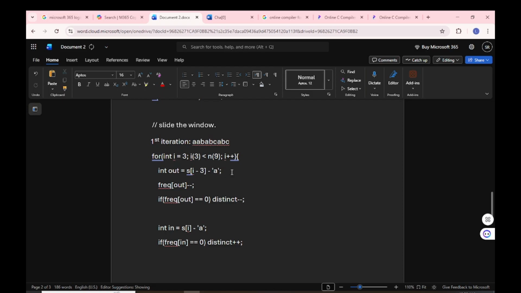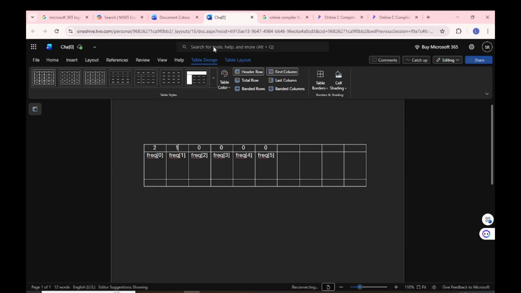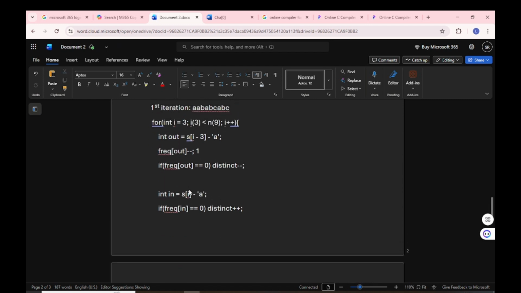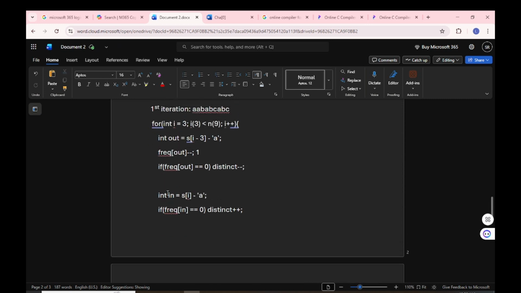We took a out, this first one, and then we have to minus minus, that means it is 1. So here 1 will be reduced. Frequency is not 0, so distinct will not be minus minus. If frequency out becomes 0, then distinct will be minus minus.